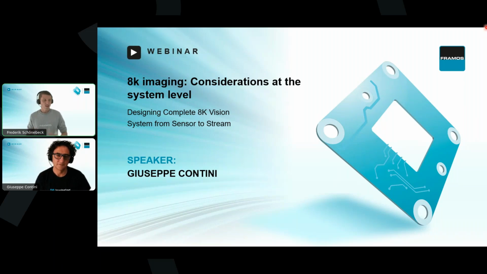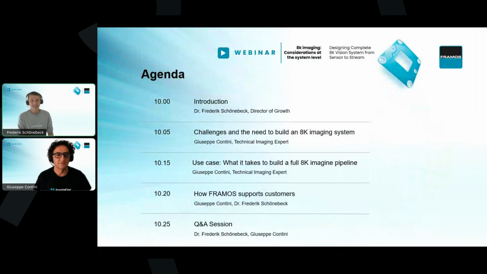We're going to look into use cases and what it actually takes to build an 8K imaging pipeline. Towards the end, we'll also learn about how Framos supports their customers on the journey. And last but not least, we will have 5 minutes towards the end dedicated to questions and answers.